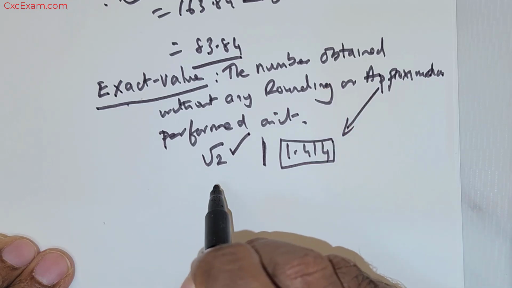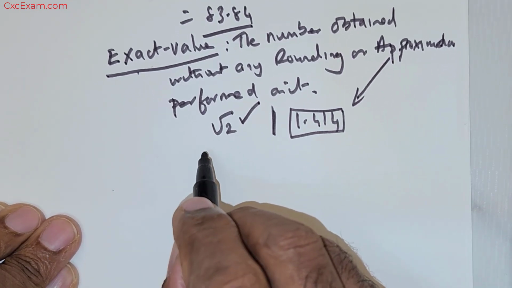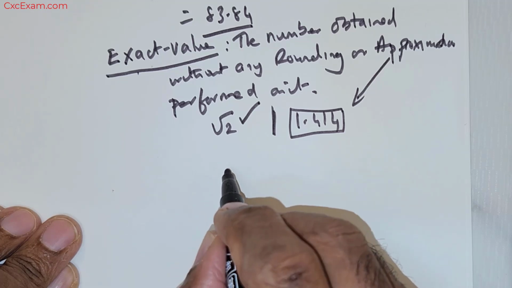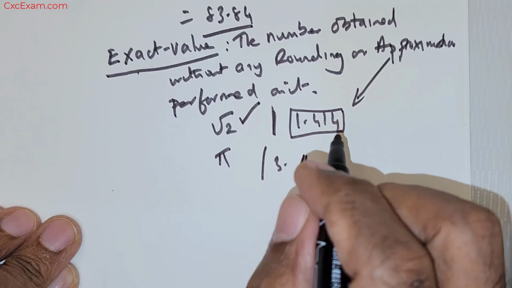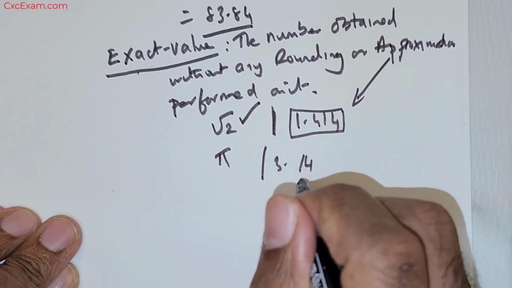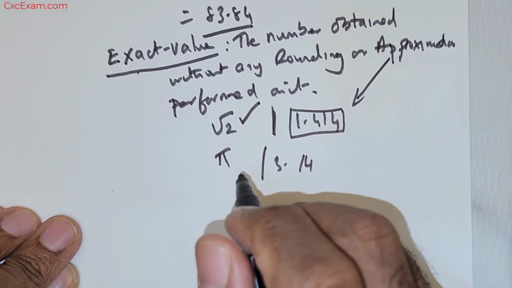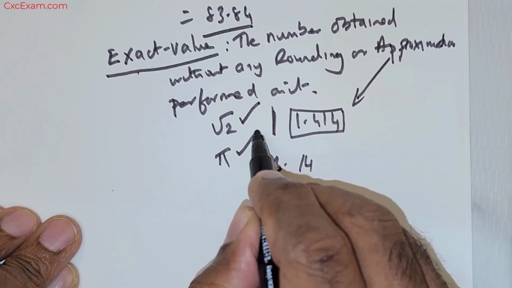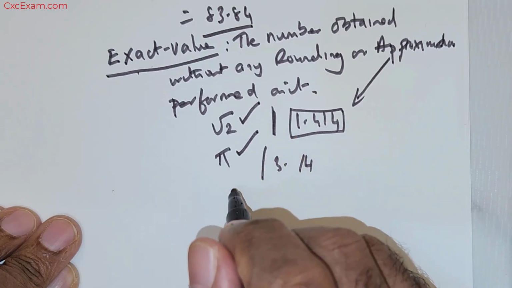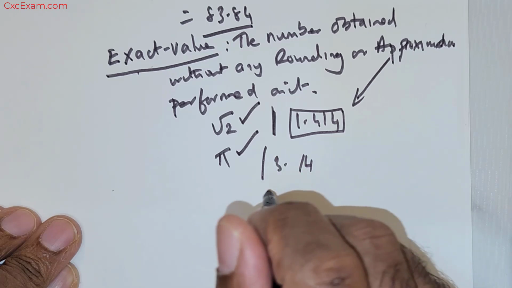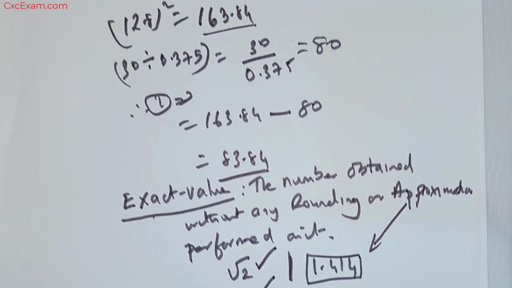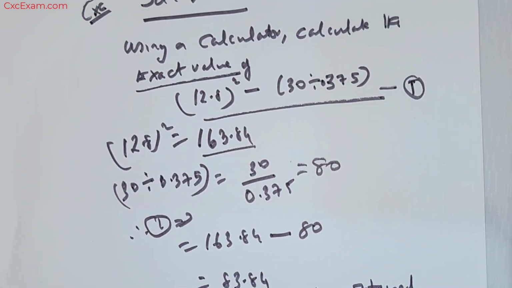Remember that. Let me give you one more example. Between pi and 3.14, which would you consider as exact? Your choice should again be the left side. That means pi is the exact value, not 3.14. I hope you got that concept correct, and this is the solution.